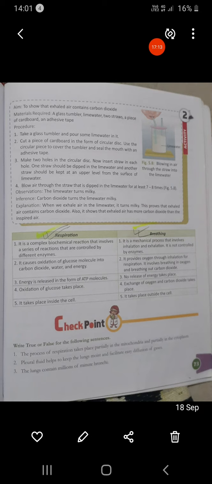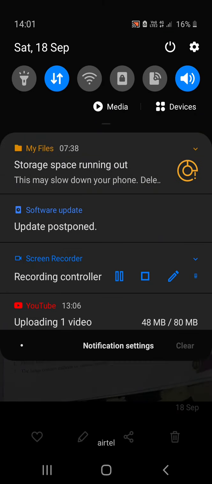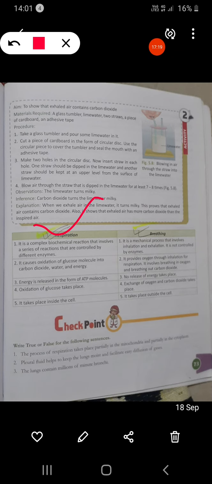So children, you can understand the difference between respiration and breathing. There are so many differences between respiration and breathing. Children, breathing is the first stage of respiration, while respiration is the complete process.